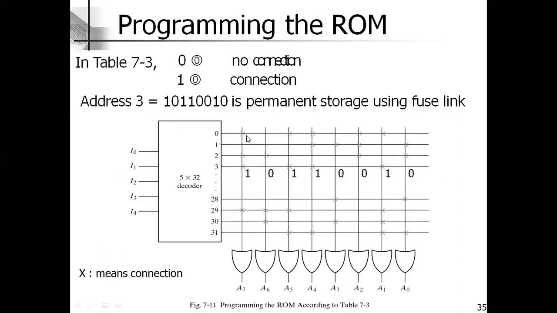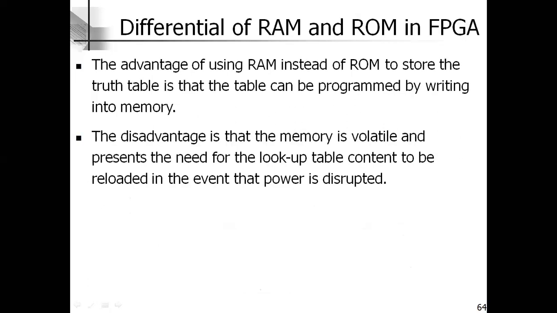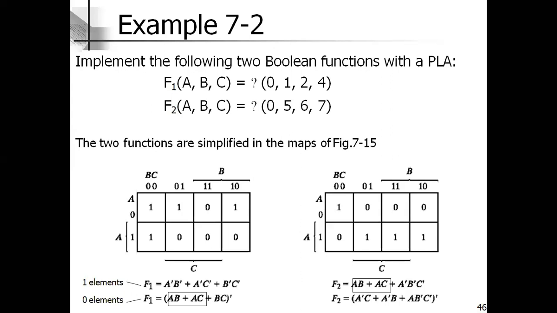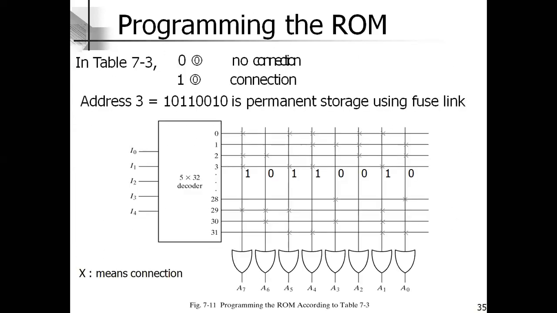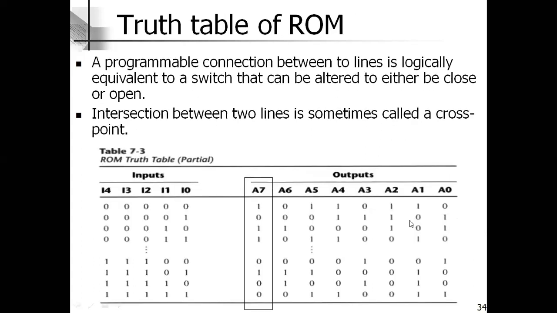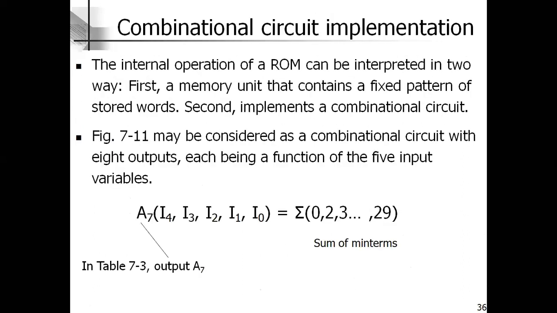See here, 1 connection is there, 0 connection is not there, 1 connection, 1 connection, but 0 is not a connection. Similarly for the other rows.